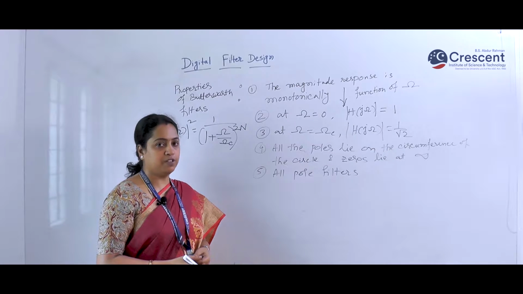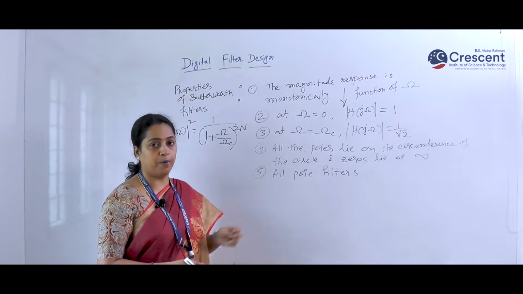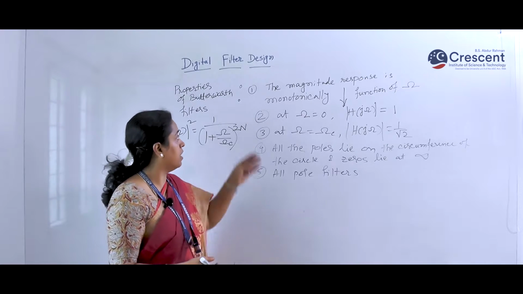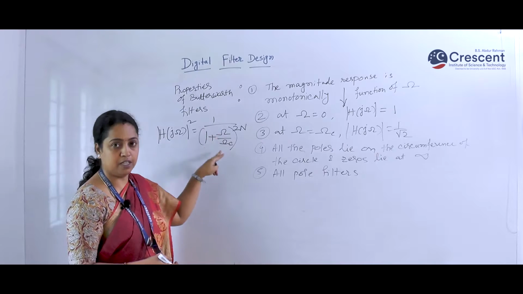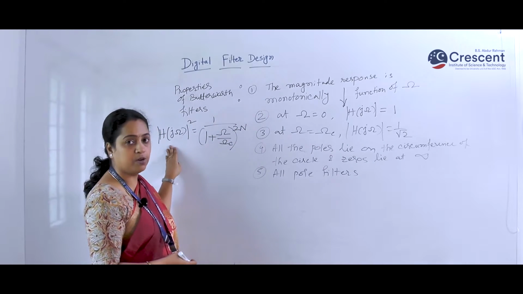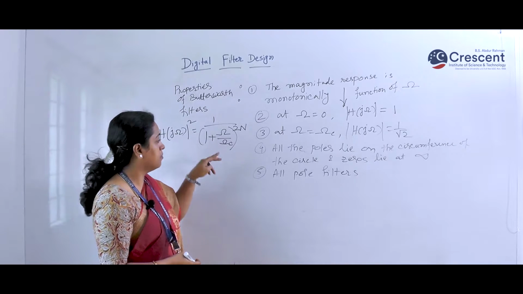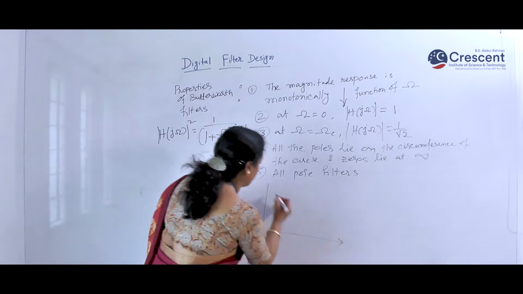So as I said, first we'll be designing the Butterworth filter. So let us see first the properties of Butterworth filter. The magnitude square response of Butterworth filter can be given in this form. Already we have seen that. If we see this magnitude square response, it is a monotonically decreasing function of omega.